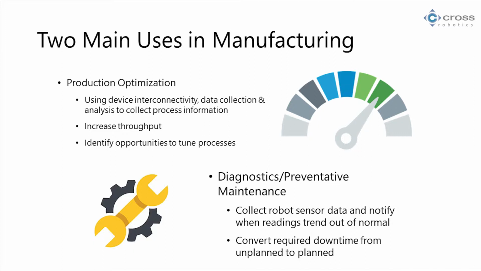Well, the other alternative is scheduled downtime. You run maintenance on a schedule, but you're going to be running maintenance sometimes when you don't need it. You might be running it too early or even too late. So being able to collect and analyze the sensor data could let you know ahead of time when some kind of issue, maybe not imminent, but your sensor readings are trending out of the normal range.